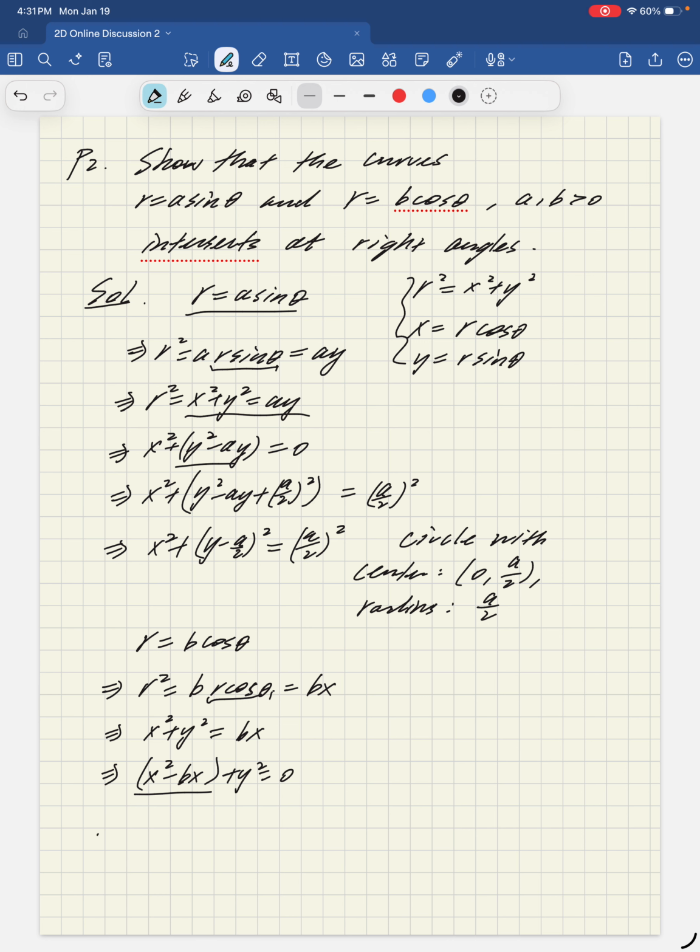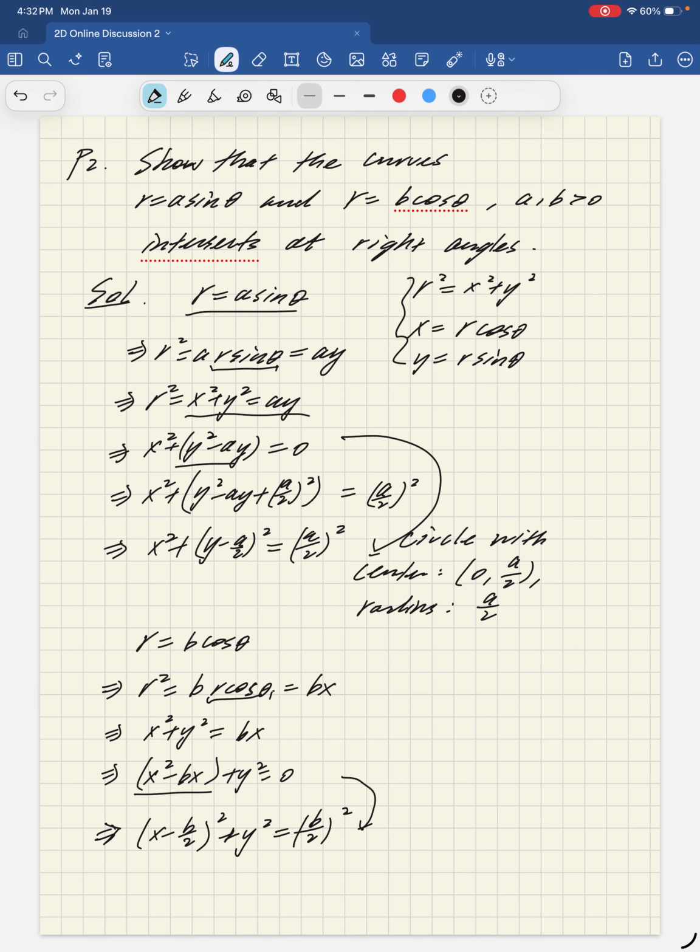Sorry, there should be a square on x here. So this is (x minus b over 2) squared plus y squared is equal to (b over 2) squared. I skipped some steps here, but the calculation is exactly the same as in the previous case.